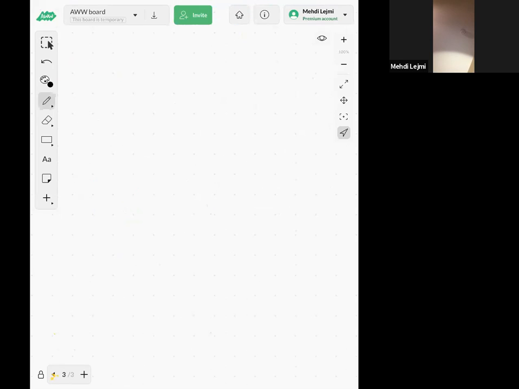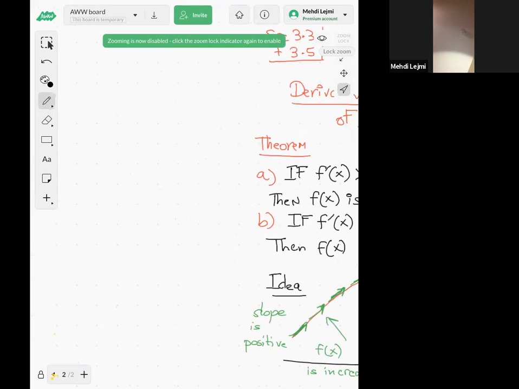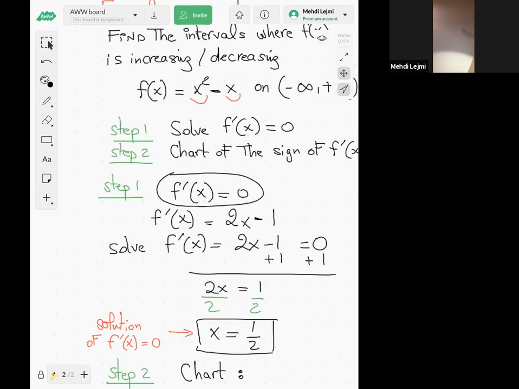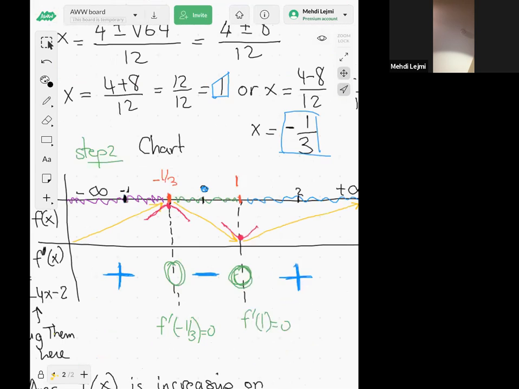So I have to solve... Sorry, I think I moved to the next page.